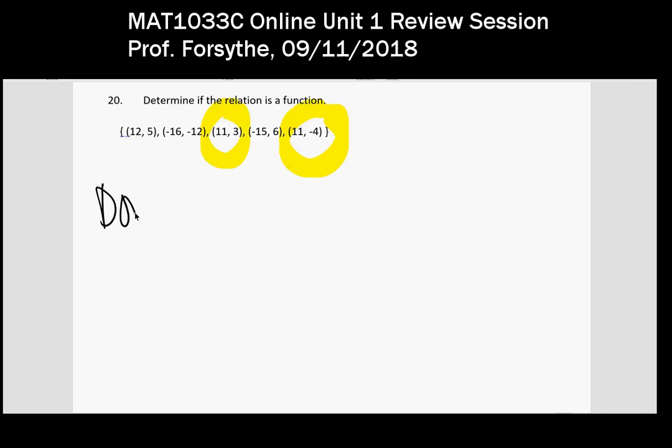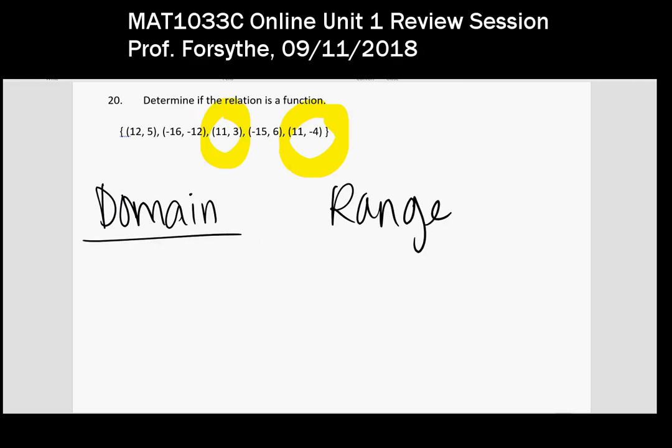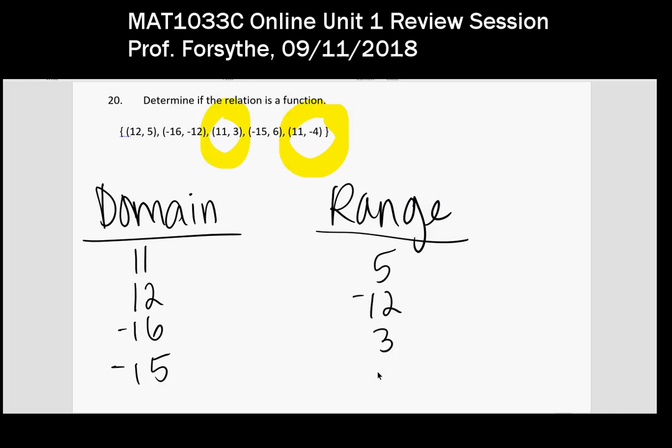Let me also make what's called a mapping, just to show you what I mean visually. So I'm going to list my domain and my range. For my domain, I've got 11, 12, -16, -15. Then the range will be 5, -12, 3, 6, and -4.